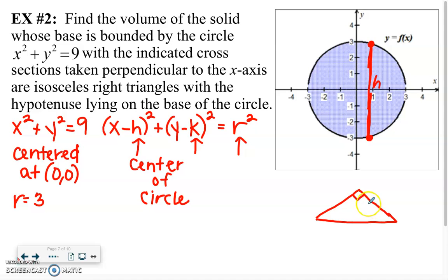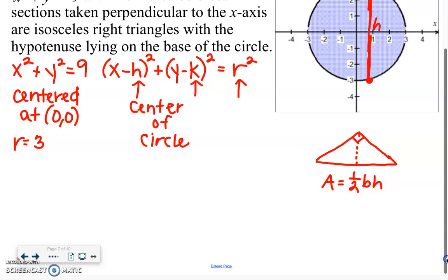If you look at your notes from the beginning of the lesson, I did talk about how to find area for an isosceles right triangle. But we could just start with this. The area of just any triangle is 1/2 base times height, right?